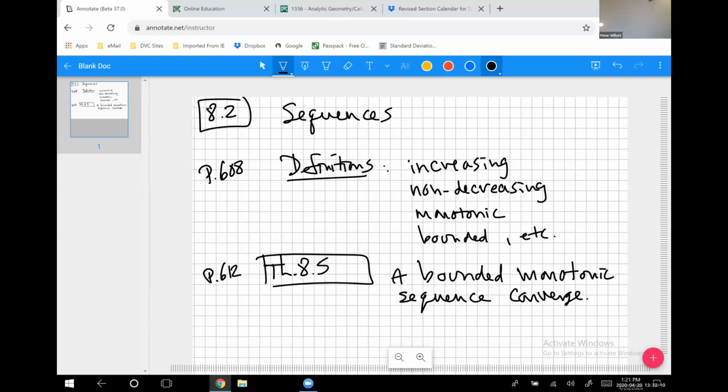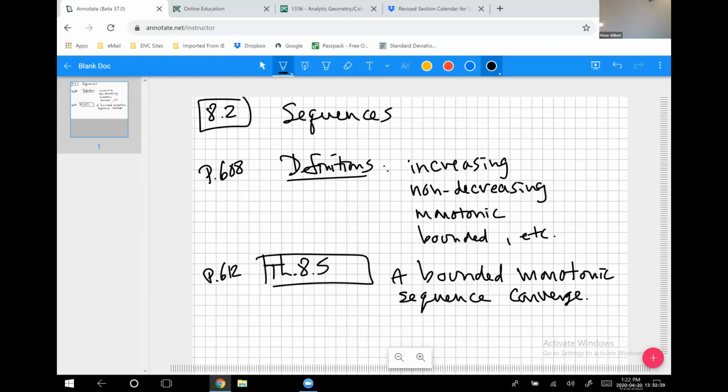So if it's only going up, but it has a limit, or if it's only decreasing and it's still bounded below, it has to converge to some number. And so that's a theory question that's sort of used a little bit in a couple of problems. They talk about growth rates.